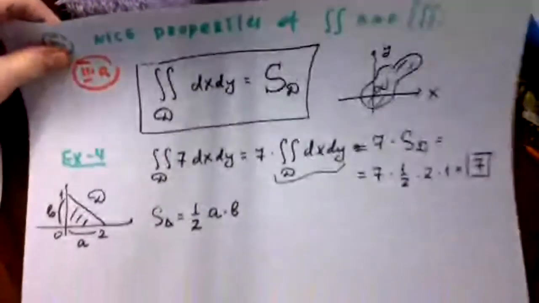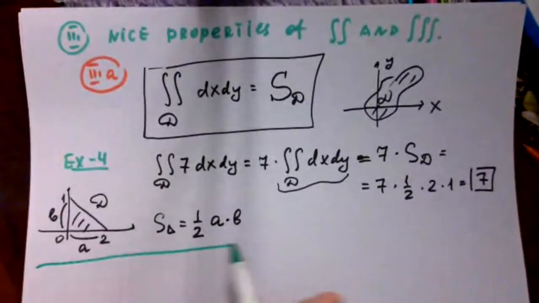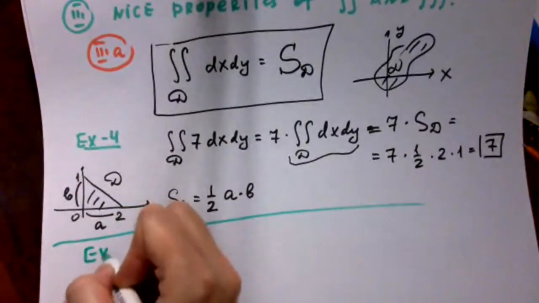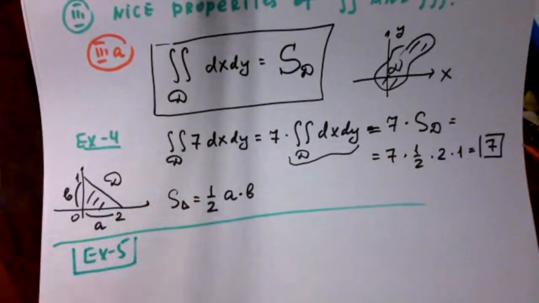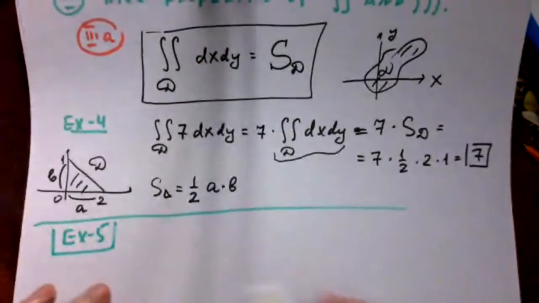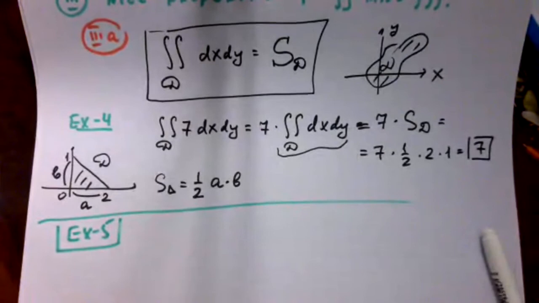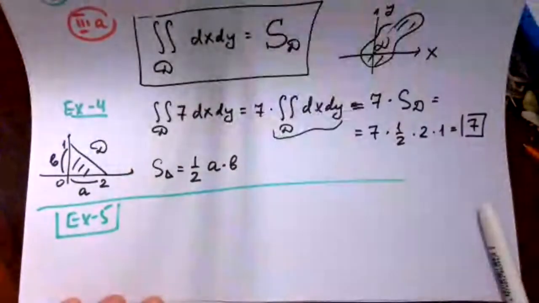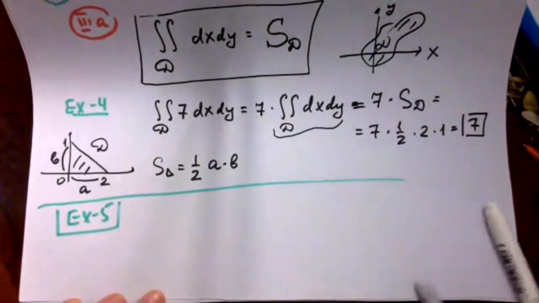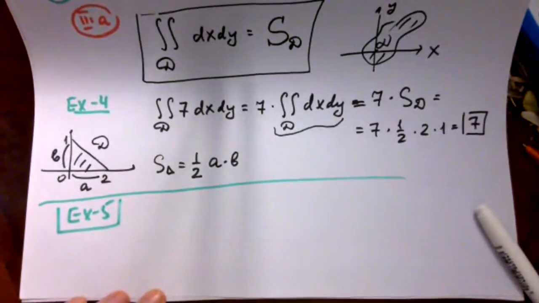And it's especially impressive when you are dealing with circles, because circles are especially annoying when it comes to calculating double integrals over circles, because circles are quite difficult to integrate, and you always need to make this transition to the polar coordinate system, which is quite a long story actually.